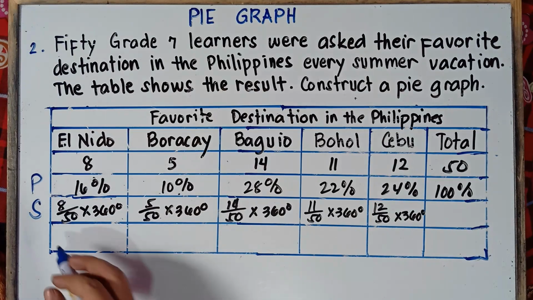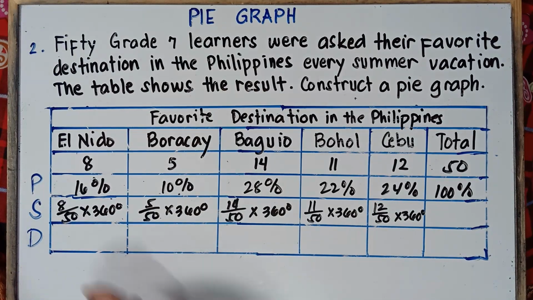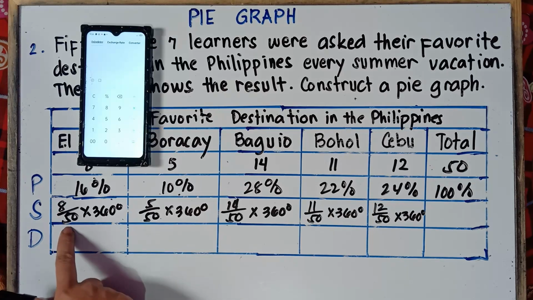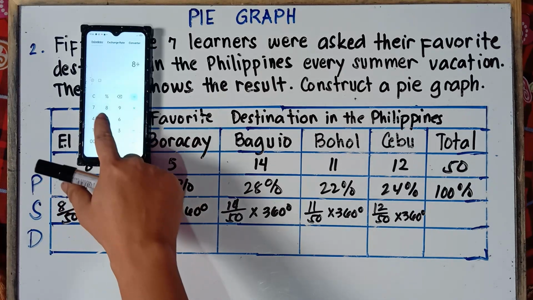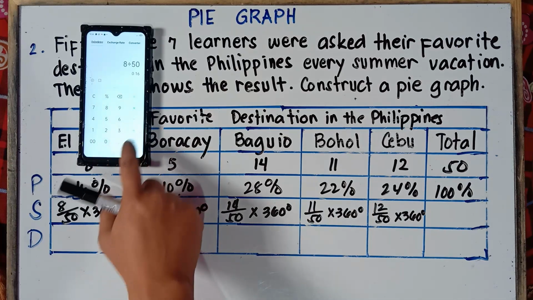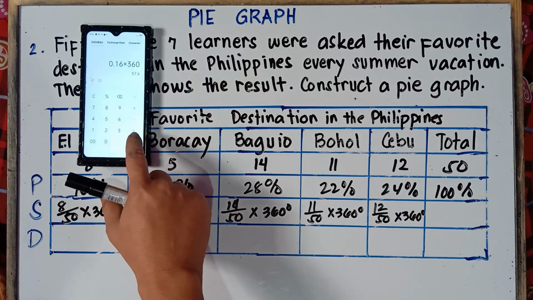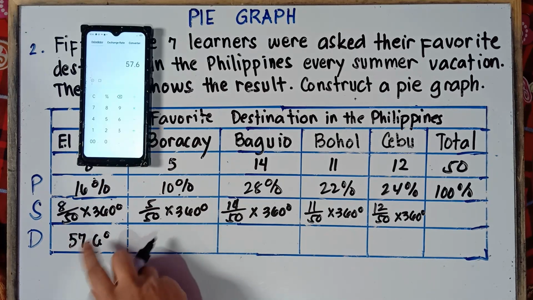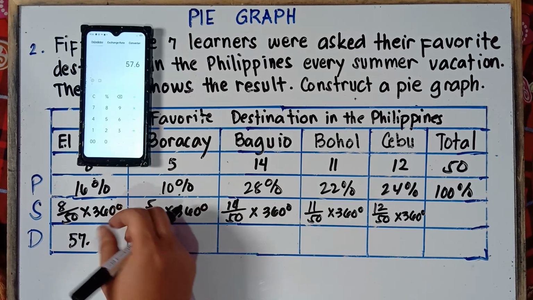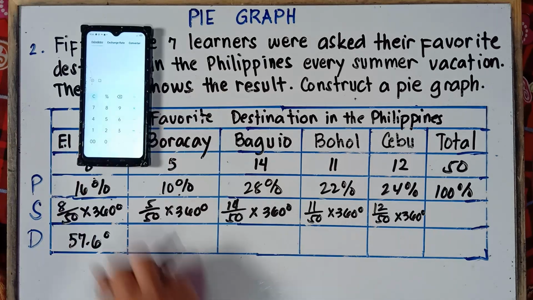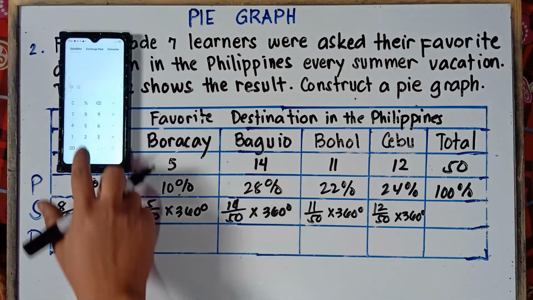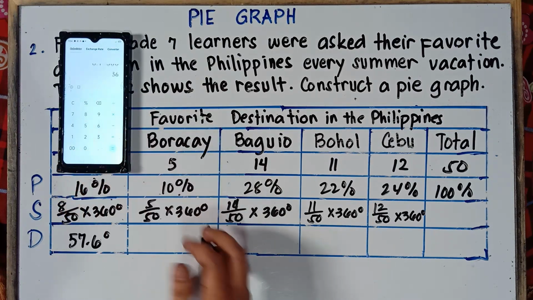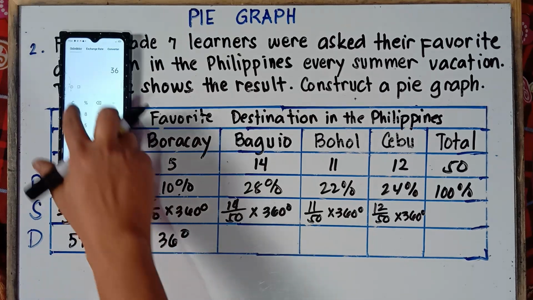And then the last row, this one right here, will be the degrees. Alright, so let's find the degrees. 8 divided by 50 times 360. 8 divided by 50 is 0.16, times 360, that would be 57.6 degrees. Therefore, for El Nido, that would be 57.6 degrees. Alright, Boracay. 5 divided by 50 is 0.1, times 360, that would be 36 degrees.